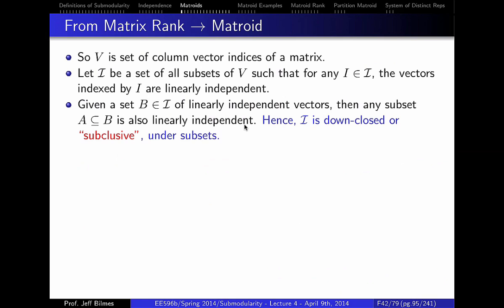And so if I is the set of all subsets of V, emphasis on all, then if B is a member of I, any subset of B has to be a member of I as well. And so we say that I is what's called downclosed, or sometimes subclusive under subsets. So it's closed under taking subsets.